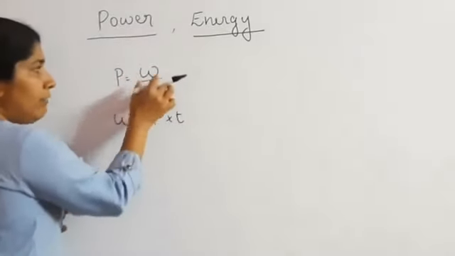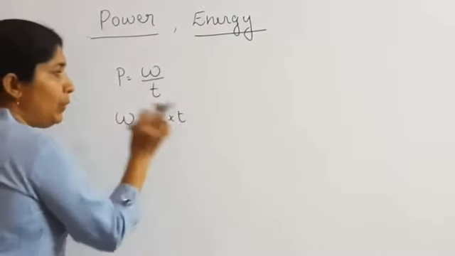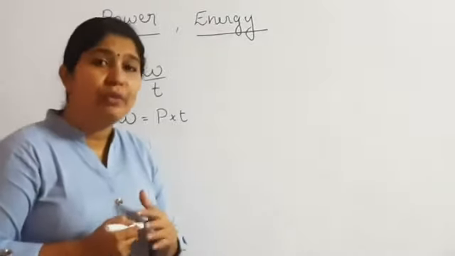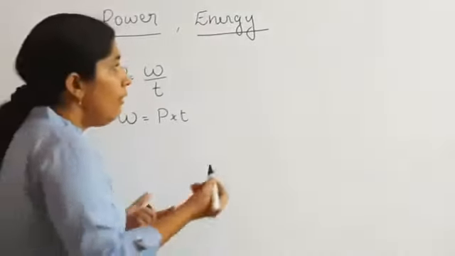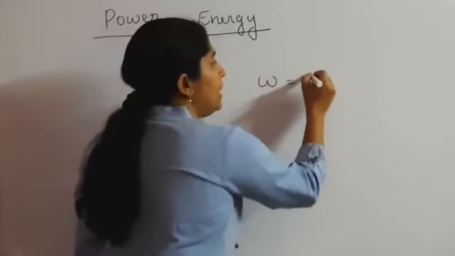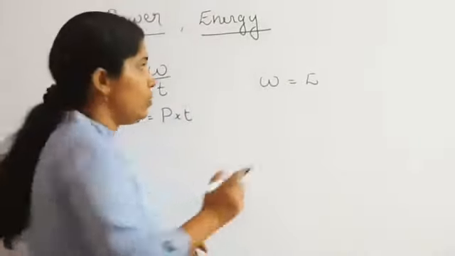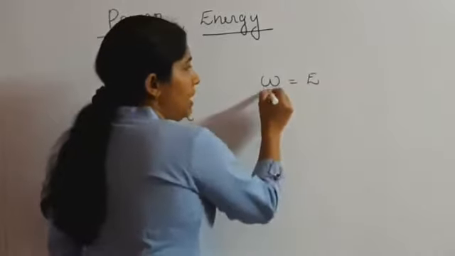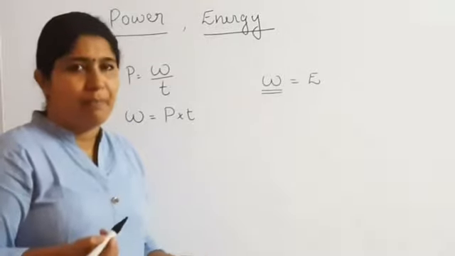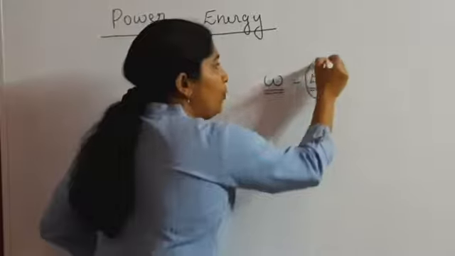What is work then? According to the work energy theorem, work is converted into energy. The work energy theorem states that work is equal to energy. Work and energy are the same. Here the energy is stored in the form of heat.